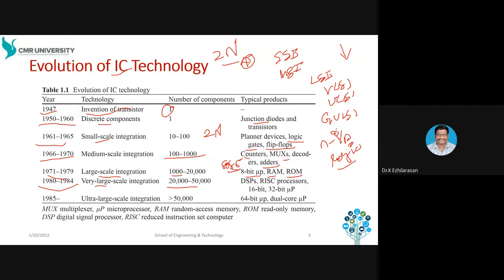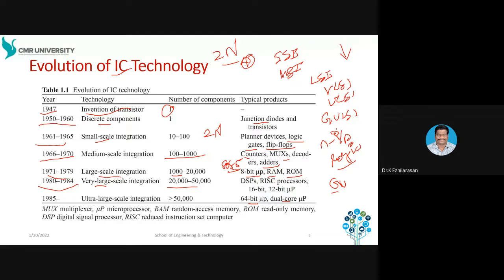Next, after 1985, it came as ultra large scale integration. More than 1 million transistors can be accommodated in a single IC. That is nothing but a 64-bit microprocessor or dual core microprocessor. Presently there is also one more, GU VLSI, that is giant ultra large scale integration.